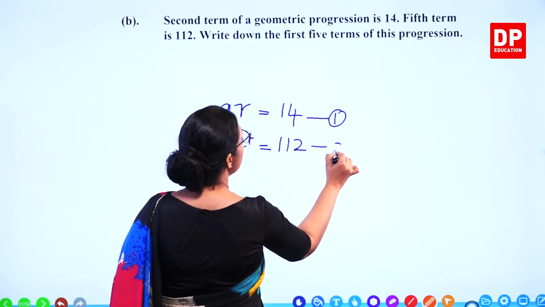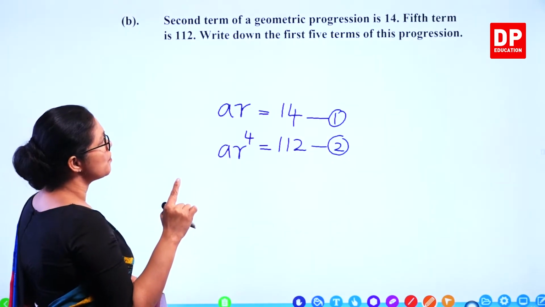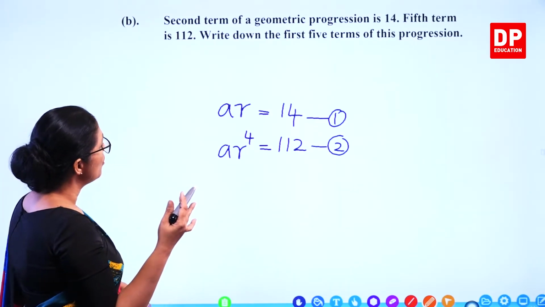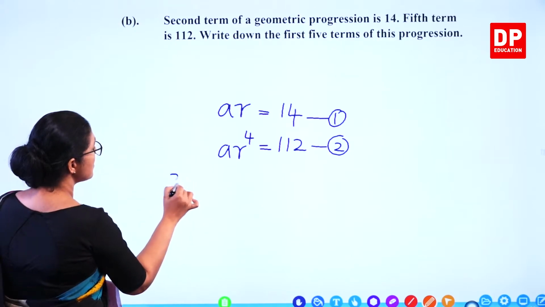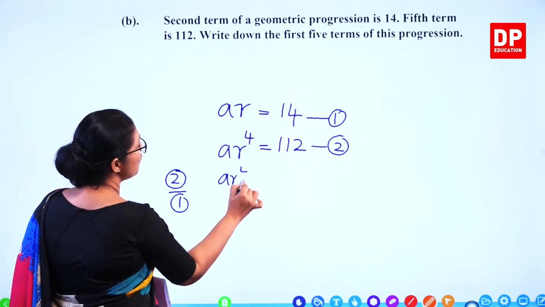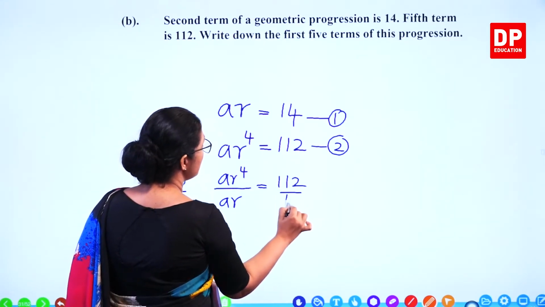Now we need to find the first 5 terms of this progression. So we need the first term and the ratio. So we'll divide the two equations. 2 divided by 1: AR to the power 4 over AR equals 112 over 14.